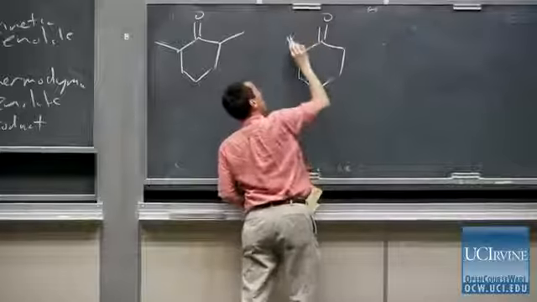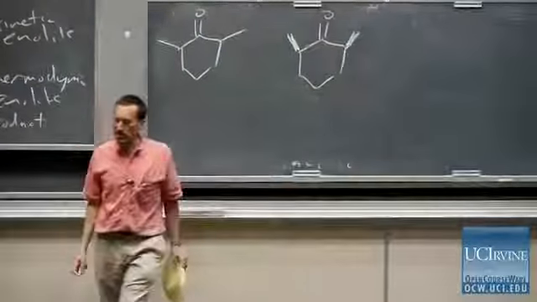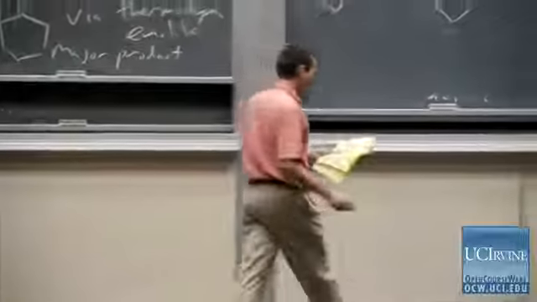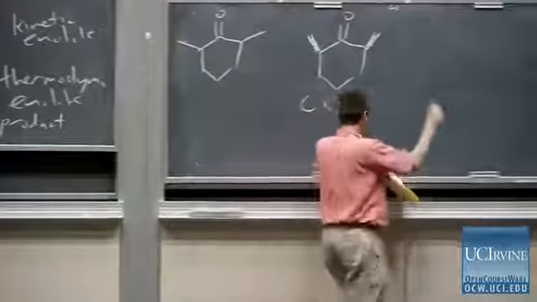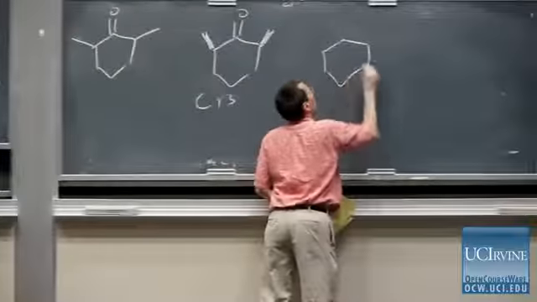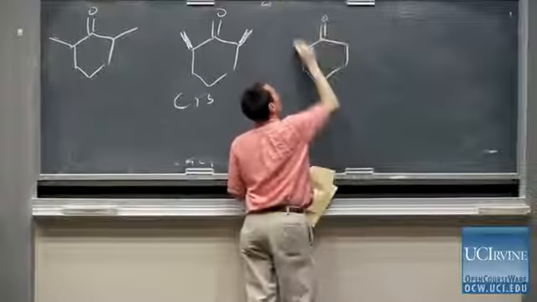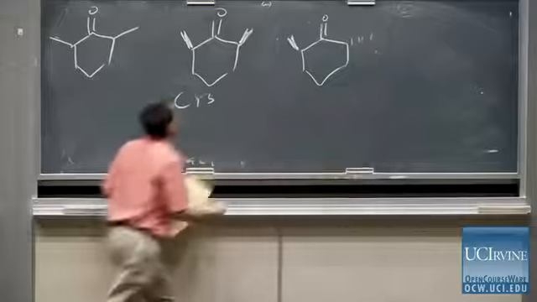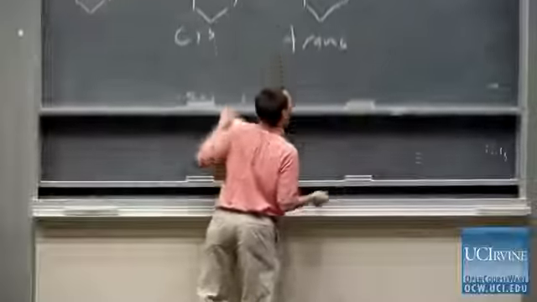We have the species, the stereoisomer, to be more specific, in which the 2 methyls are on the same side of the ring. We have the cis stereoisomer. We have the stereoisomer in which the 2 methyl groups are on the opposite side of the ring, the trans stereoisomer.